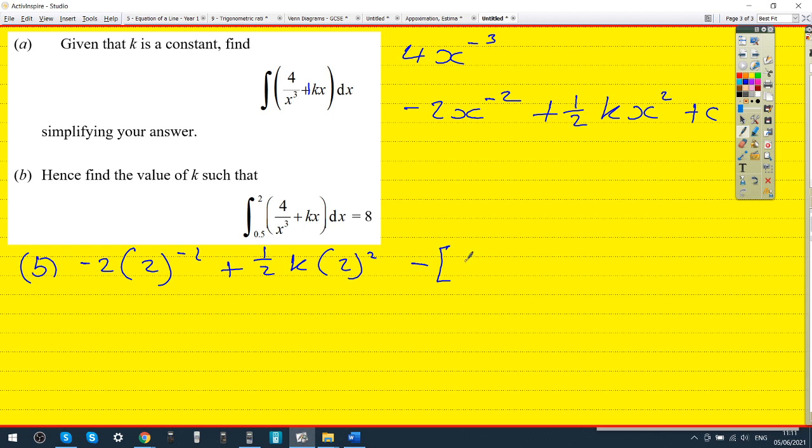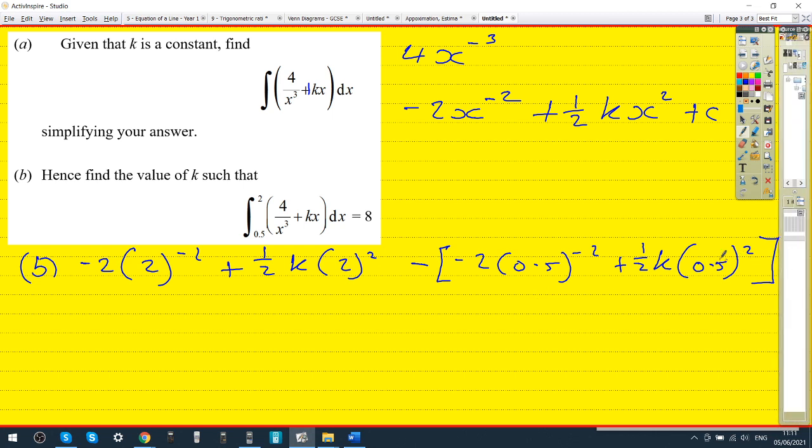Minus what we get when we sub in 0.5. Okay. We have to solve for k. And it says equal to 8. So that whole thing is equal to 8.